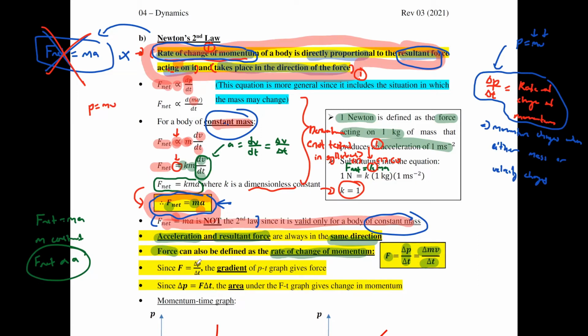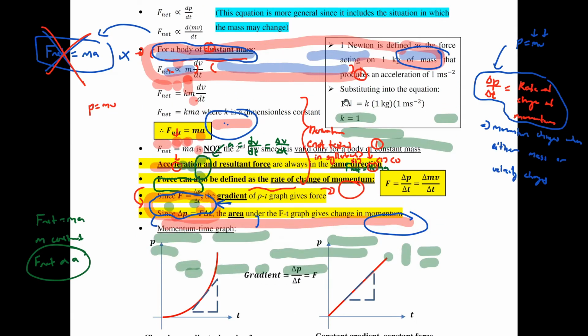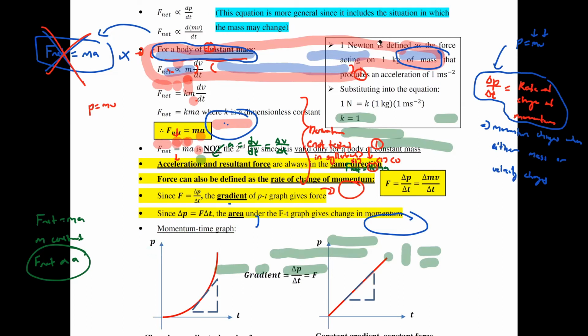Now, because force is defined as rate of change of momentum, this would mean that the gradient of a momentum-time graph will give you force. What we mean by that is this. If you look at the diagrams below, you will see the diagram on the left.